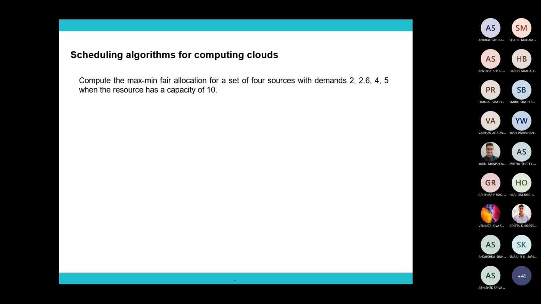So there are requests from four users, and the request is 2, 2.6, 4 and 5, but the resource capacity available is 10. Then how exactly will it be allocated using max-min fair allocation?